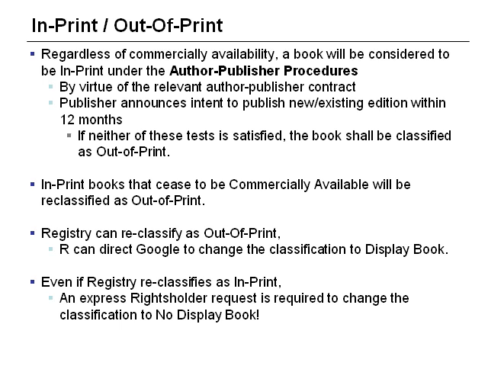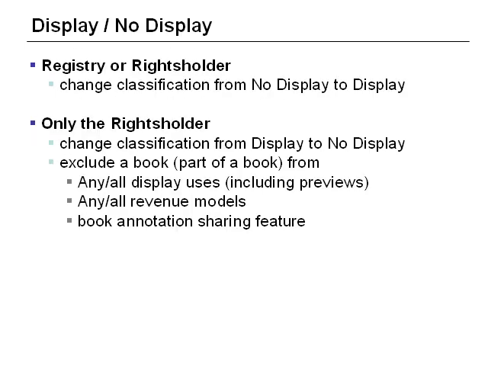If the registry reclassifies a book as out of print, it will direct Google to change the book's classification to a display book. However, if the registry reclassifies a book as in print, the registry will direct Google to change the classification of the book to a no display book only upon the express request of the rights holder of the book. These classifications, commercial availability, in print and out of print, are only the starting point.